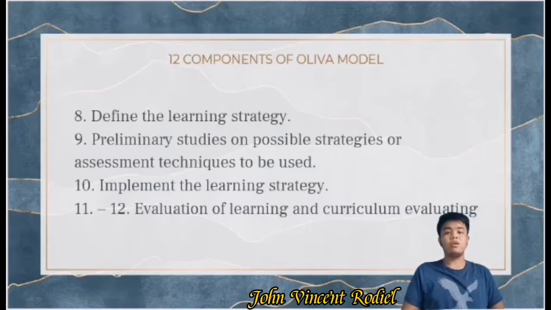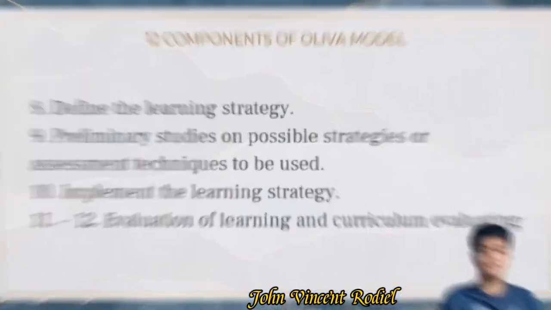When the curriculum is implemented, the developer goes back to the 9th component to finalize the evaluation techniques and improve the evaluation tools or techniques that were assigned to the 9th component. So the next components, the 11th and 12th, conduct the evaluation of learning and the evaluation of the curriculum.